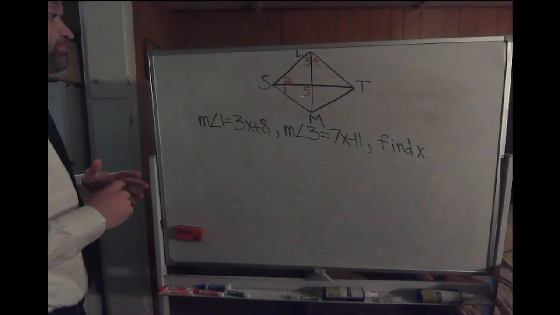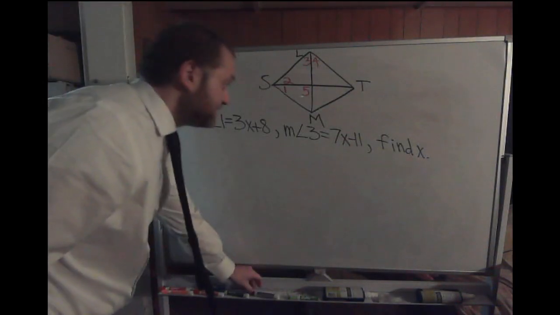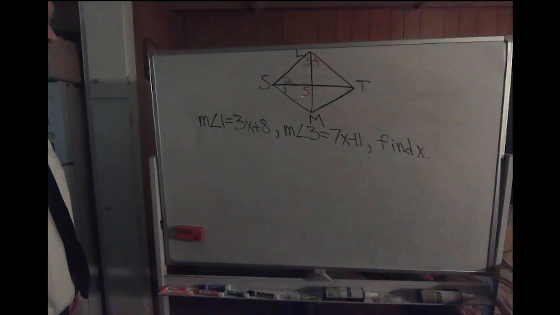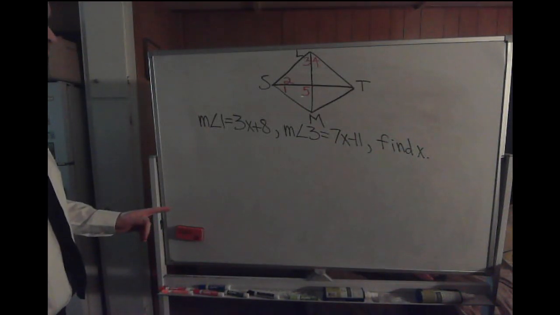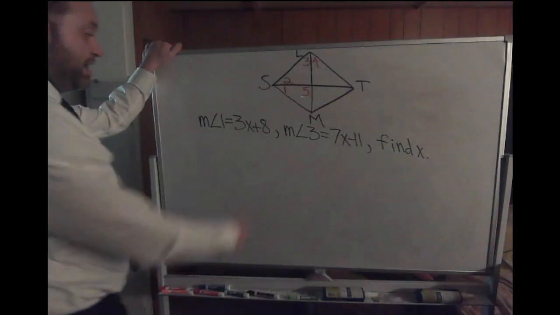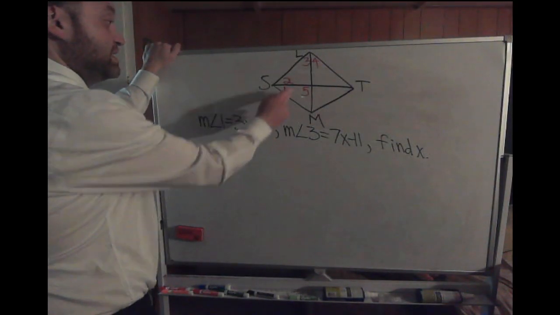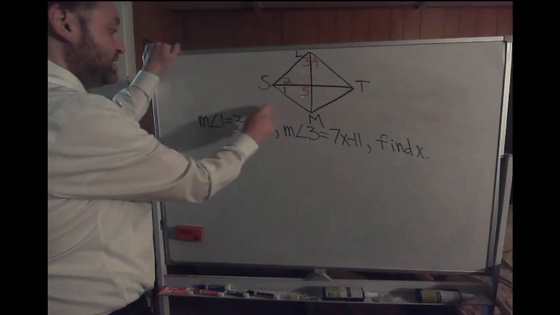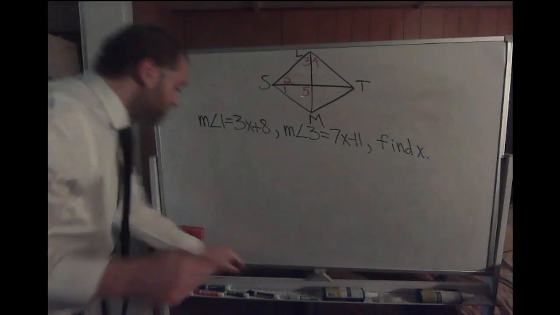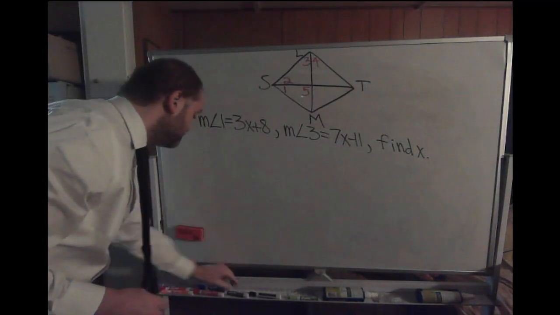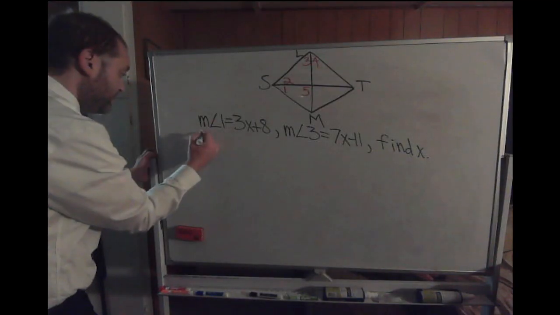Alright, so this one's actually not going to be that bad. If we have the measure of angle 1 equal to 3x plus 8, that means it's half of S. That means we can also deduce that the measure of angle 2 is 3x plus 8.